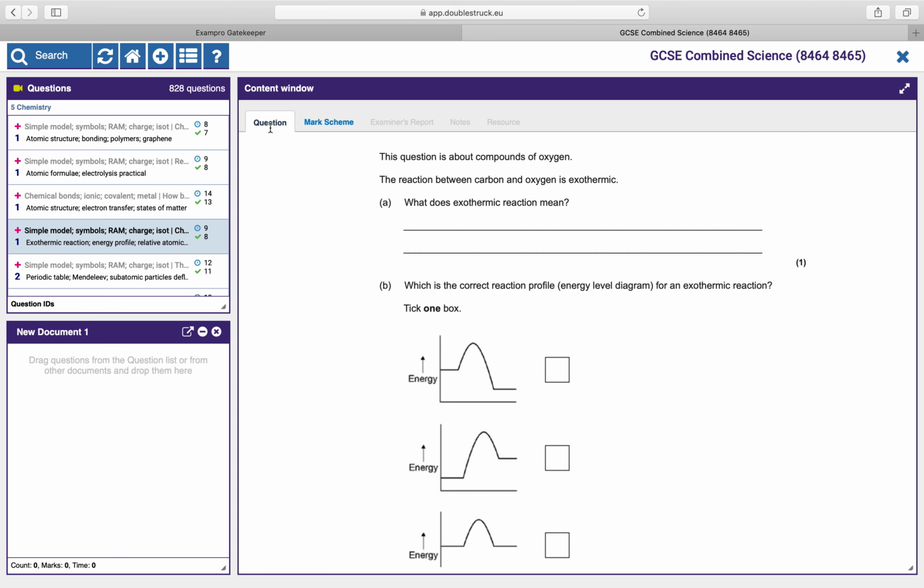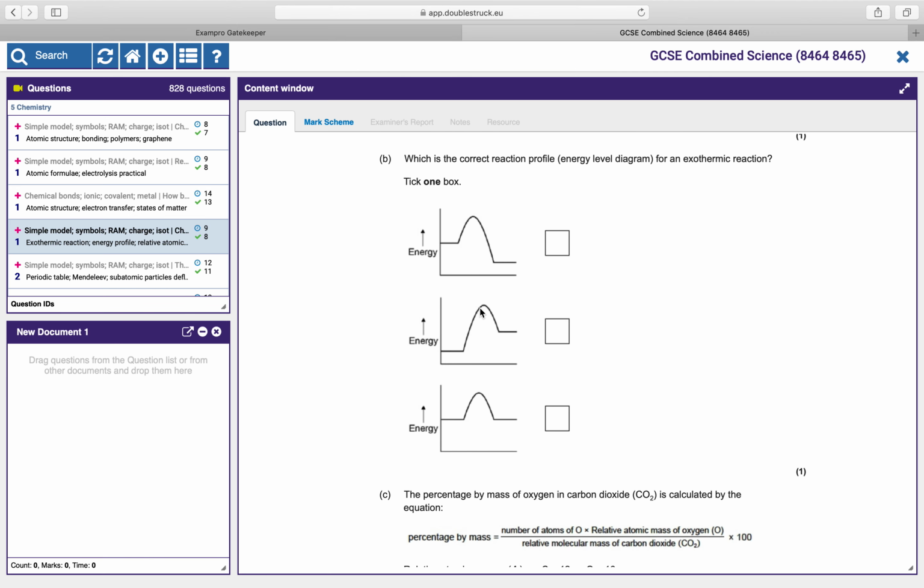Okay, now this is important. This one here is a reaction profile diagram, energy level diagrams sometimes people call them. For an exothermic reaction, the energy of the product is always lower than the energy of the reactant, because don't forget, it's given out that energy to the environment. The product is always going to be the bit at the end. Reactants are what you start off with.